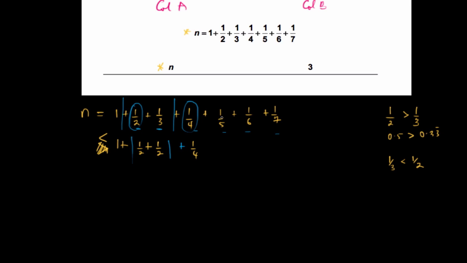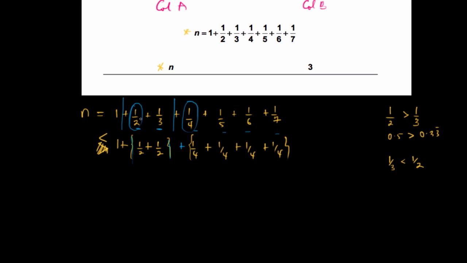Similarly, 1 over 5 is less than 1 over 4, 1 over 6 is less than 1 over 4, and 1 over 7 is less than 1 over 4. So this is less than 1 over 4, 1 over 4, and then 1 over 4.